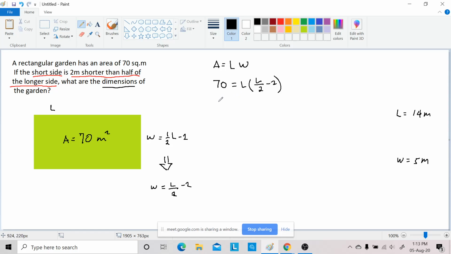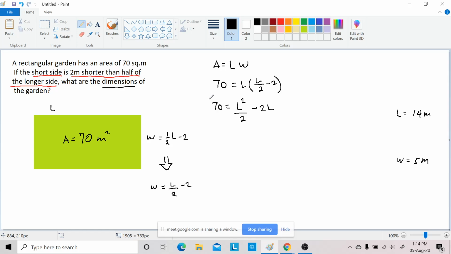Next, expand and simplify. We will now get 70 is equal to L squared over 2 minus 2L. Next step will be to make it into standard form.